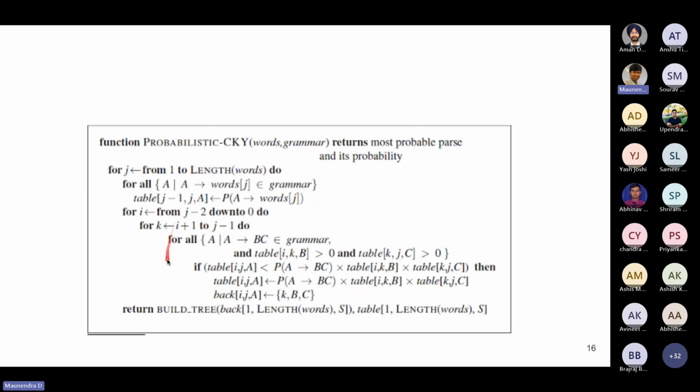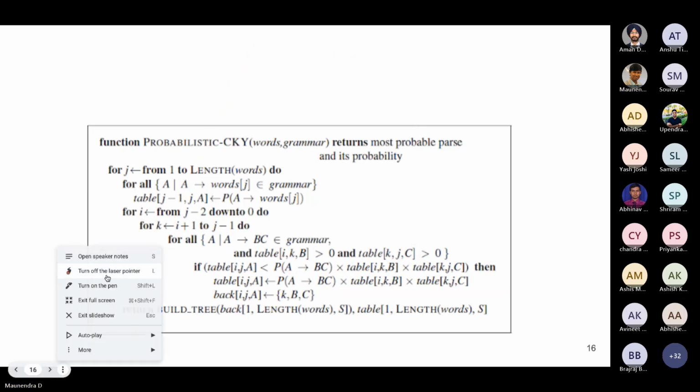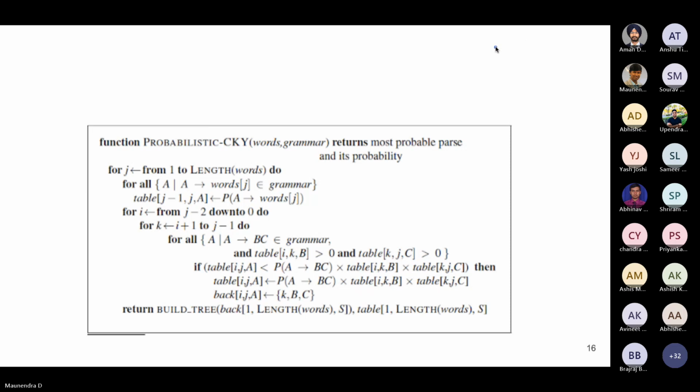So what does it tell? Suppose we have the tree grown like this.